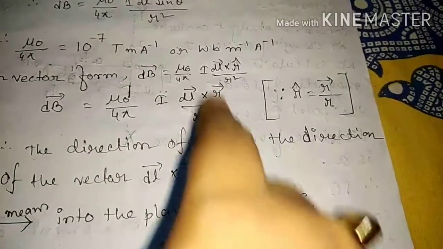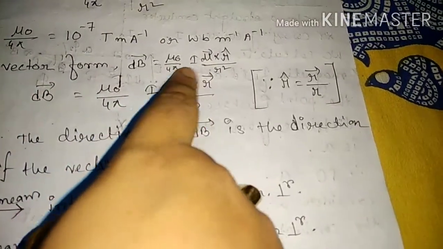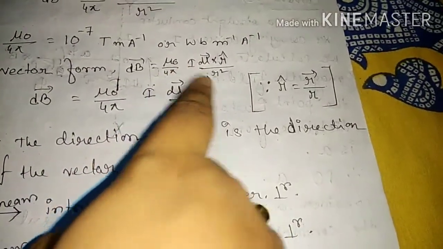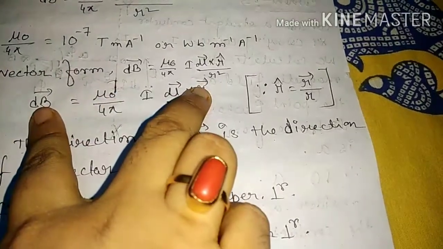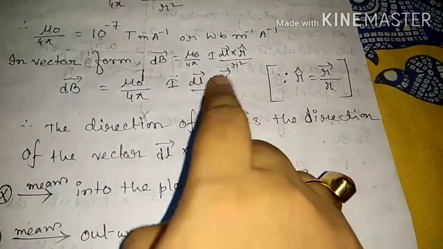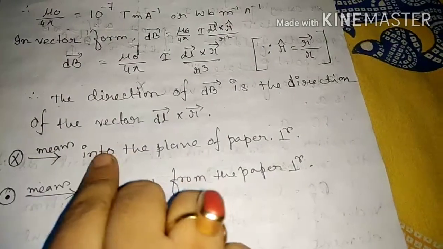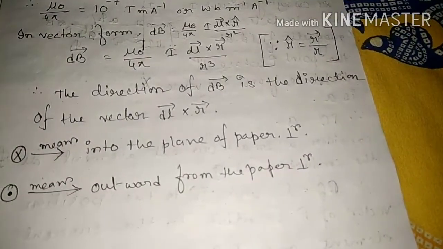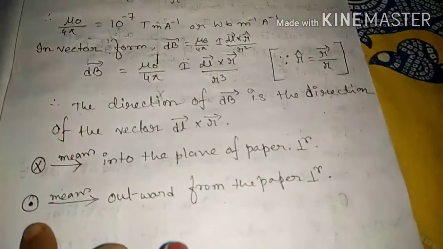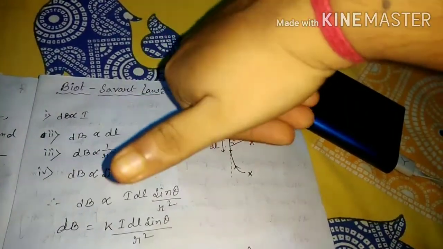And the direction of dB, from this equation what we can write: the only vector quantity is this part, dl cross r. So the direction depends on this. The direction of dB is the direction of the vector dl cross r. If cross means into the plane of the paper perpendicularly, and if there is a dot sign, that means if you change the direction of the current, the fingers move in the outward direction.